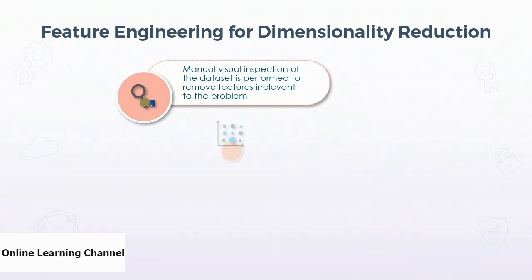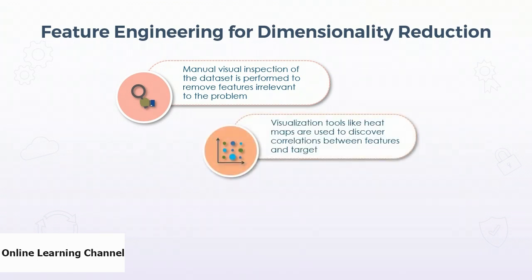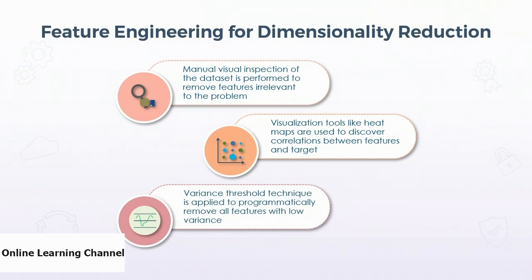Other tools such as creating heat maps to visualize the correlations between features or plotting each feature against the target variable can also be used. A common programmatic way to reduce dimensionality is by applying a variance threshold technique, wherein all features that have low variance are removed as they contribute negligibly to predictive models.